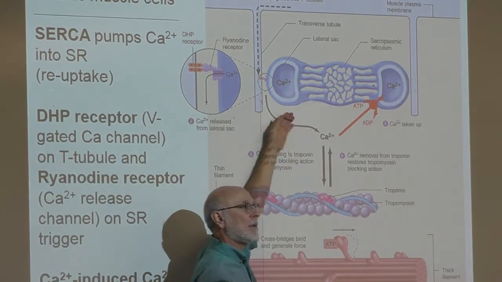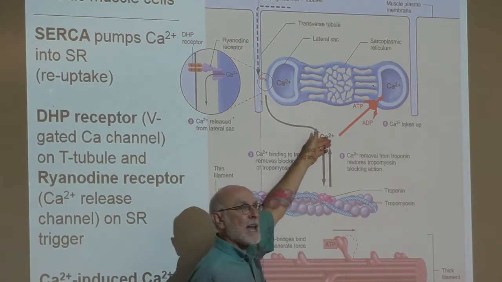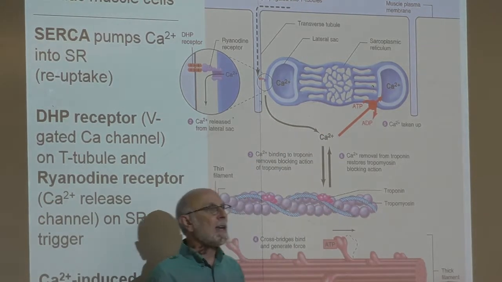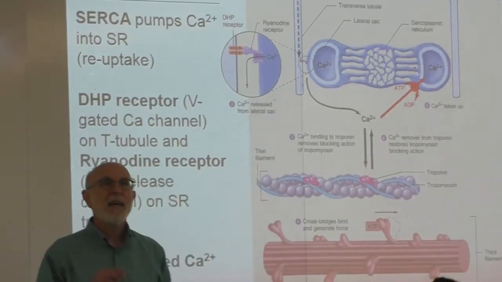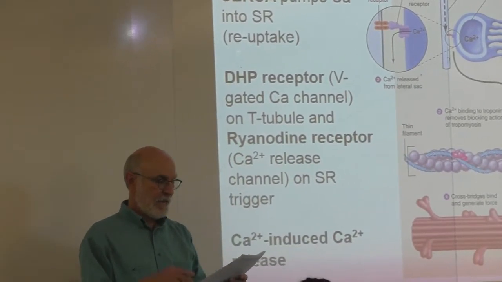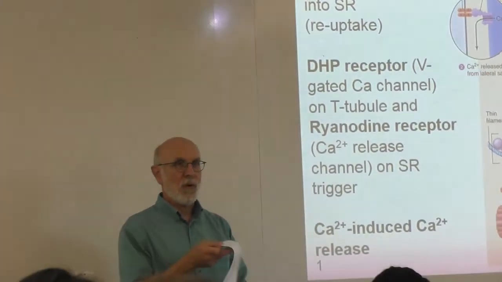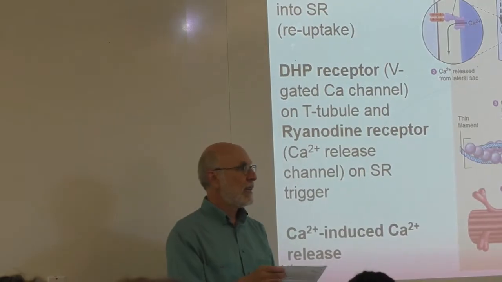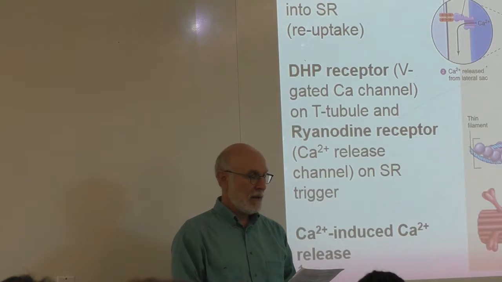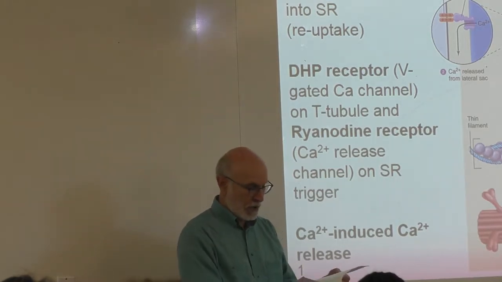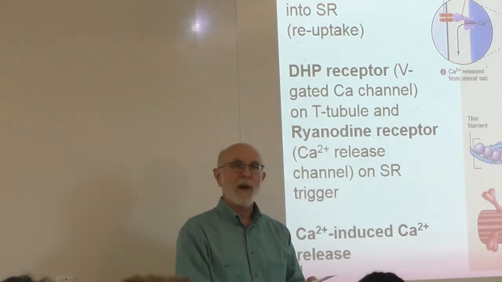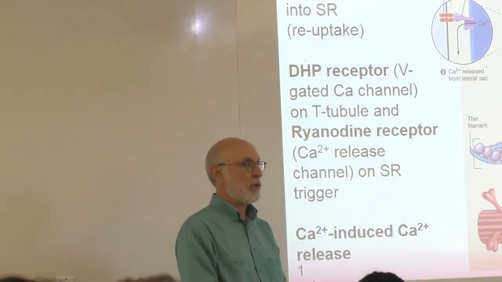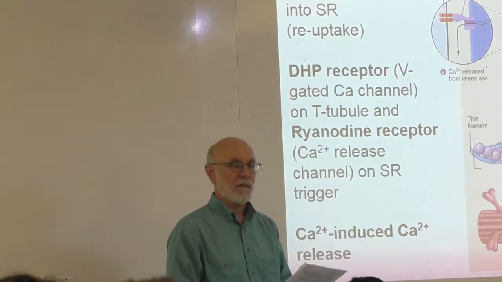More SERCA, more calcium pumping, less calcium, less contraction. Any of that. I was just looking for your understanding that if we modulate, if we grade the calcium level, we grade the level of contraction. It's not all or none. And so that was sort of the total question of 6A and B. We can grade the calcium, and then grading calcium grades contraction. That's what I was looking for.